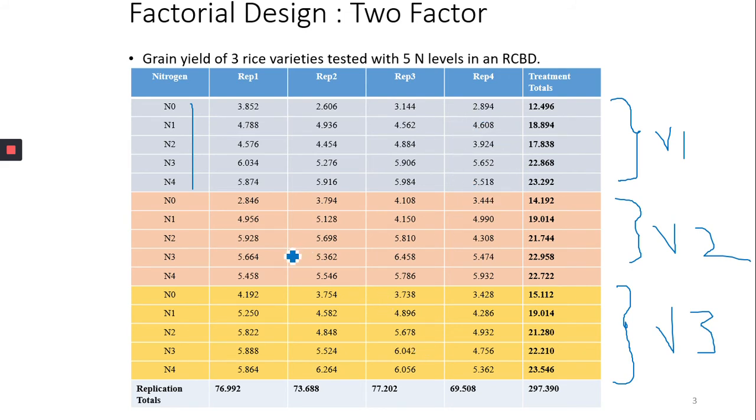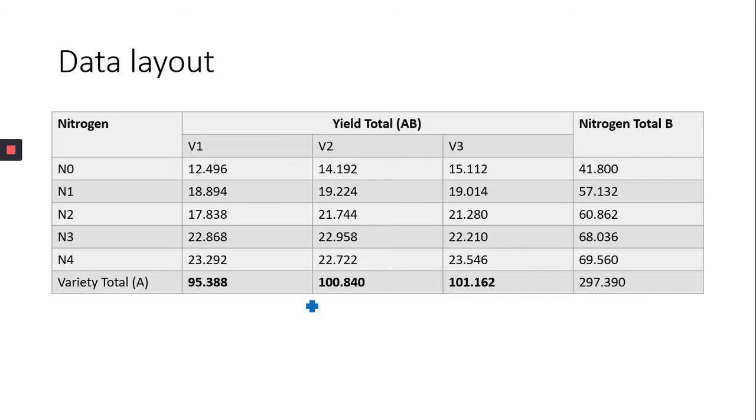Then we do the same for N1 in replication 1. For N1, we just add this one, that is for replication 1, and we also add that one, and that one. For N1, we have 3 values to be added. When you do it like that, this is what you are going to get.